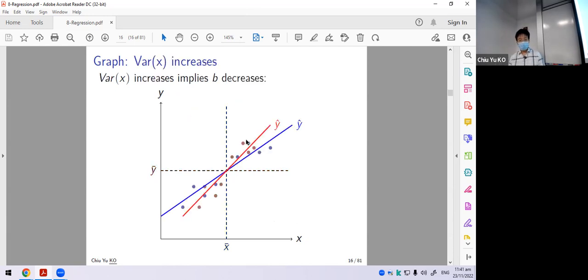And this idea of variance, okay? First, do note that your regression line must pass through the X bar, Y bar, right? Because that comes from the optimization.